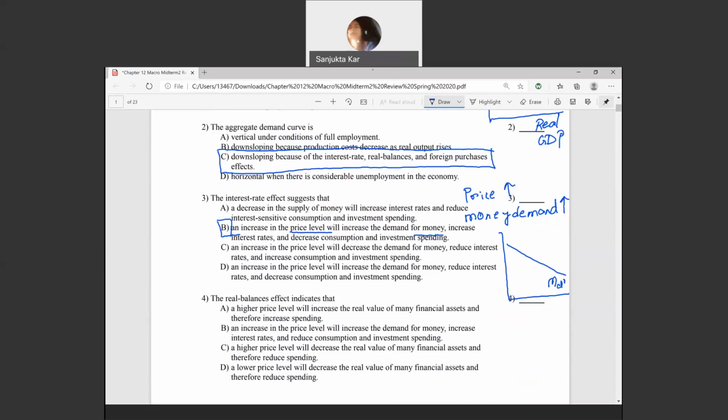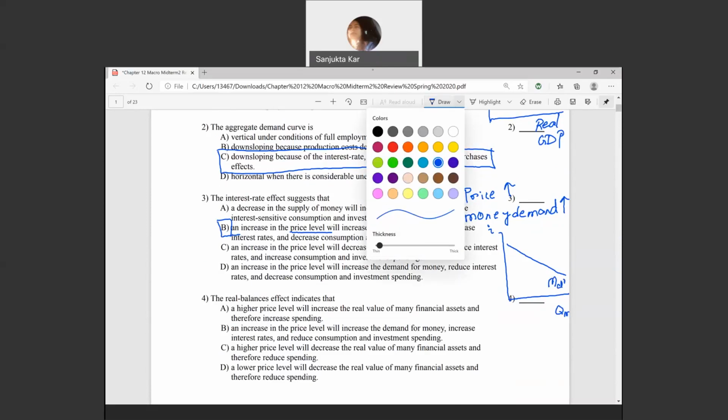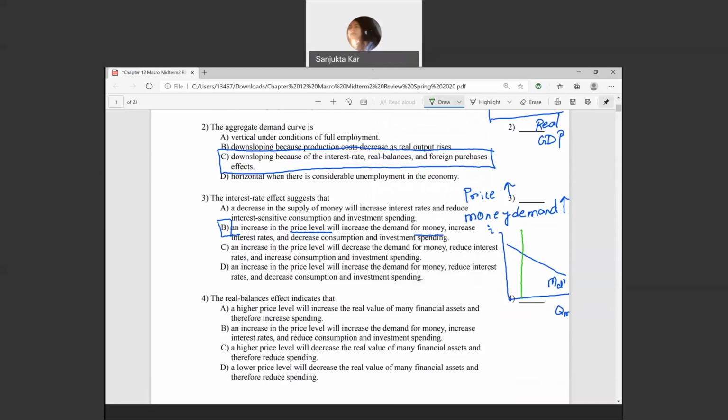We have the quantity of money on the horizontal axis, and we have the interest rate on the vertical axis. We make the assumption that the money supply line is fixed. That means money supply is not really changing here.